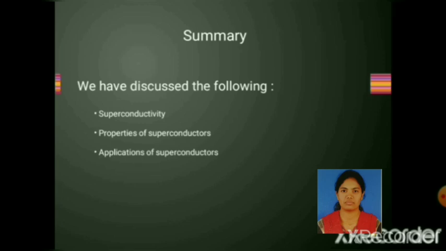The material which exhibits this property is known as a superconductor. So for superconductors, electrical resistance is zero at a particular temperature. These substances have different properties, and because of the importance of these properties, superconductors are used in many areas, as we have seen in the applications of superconductors.